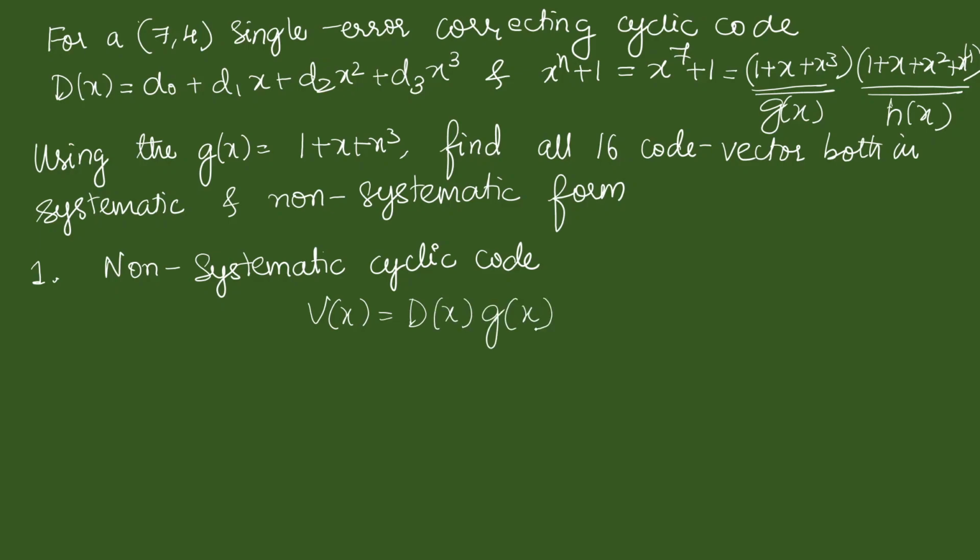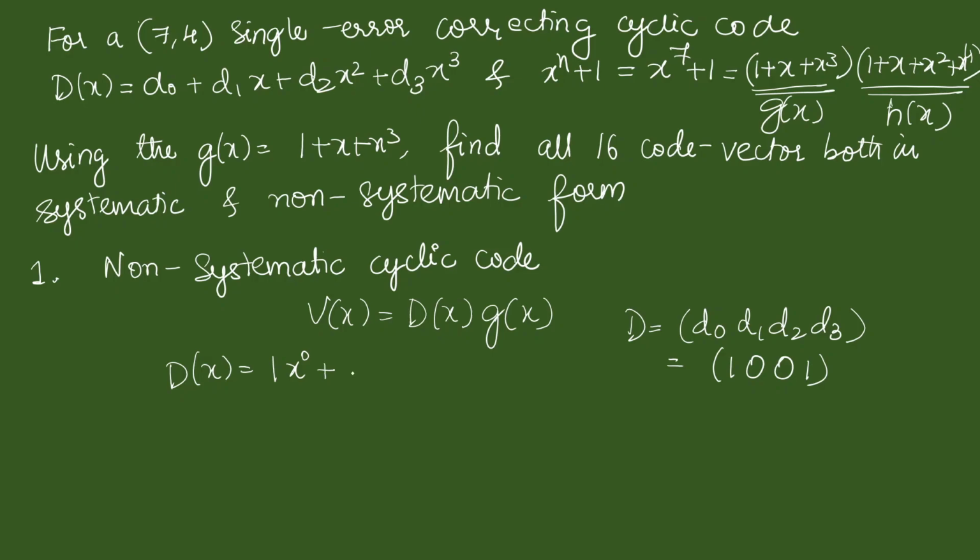So let me consider a data sequence D with d0, d1, d2, d3 coefficients being 1, 0, 0, 1. How to express this in polynomial? Starting from the left side, we give the powers of x. So d of x can be written as 1 into x raised to 0 plus 0 into x raised to 1 plus 0 into x raised to 2 plus 1 into x raised to 3. So this data polynomial would be 1 plus x cube.